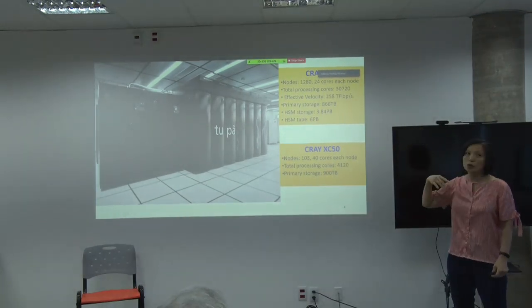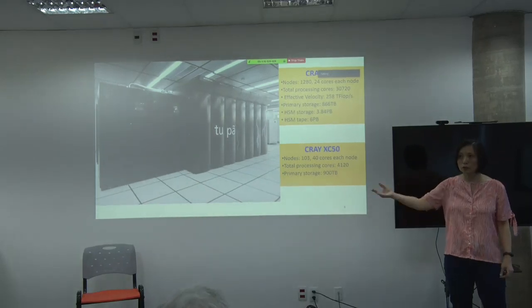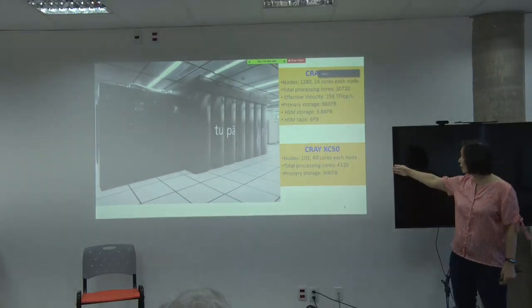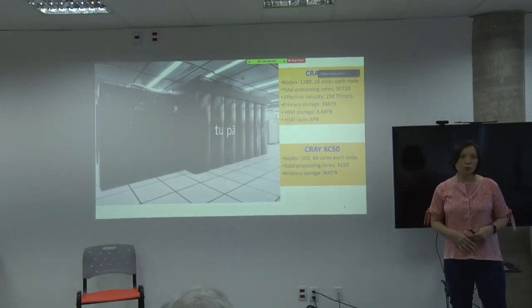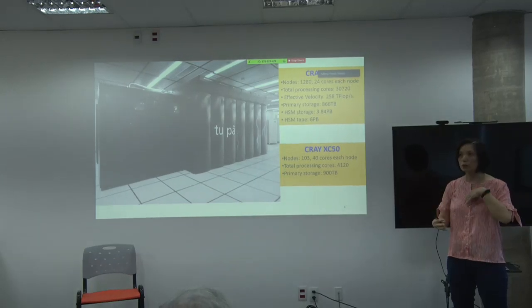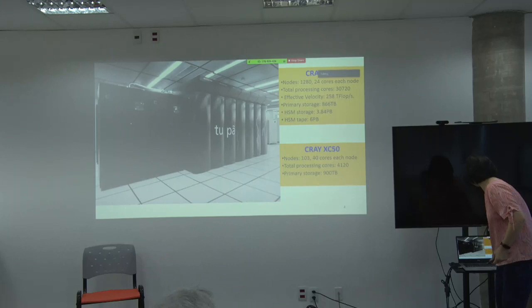The top one is slower, with more nodes and more processors, but it's mostly for research. The second one is mostly for operational activity: operational weather forecast, planning, all this.